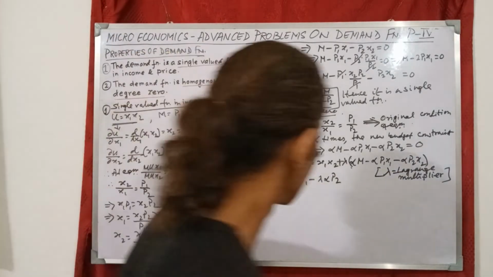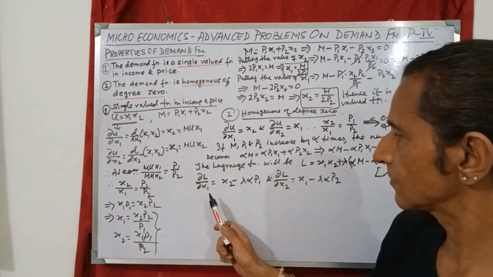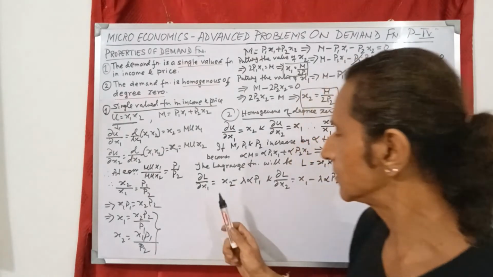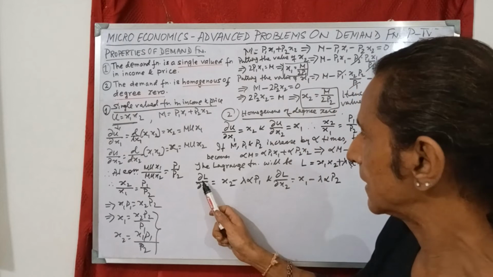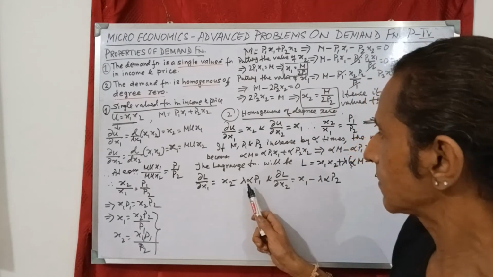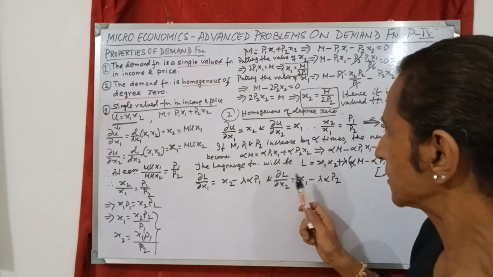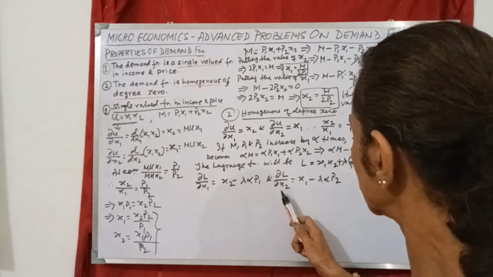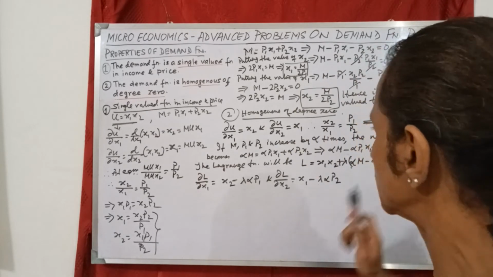Right? So here we have taken the partial derivative of L with respect to x1, and we have got del L by del x1 equals x2 minus lambda alpha p1, and here we have taken the partial derivative of L with respect to x2, and we have got del L by del x2 equals x1 minus lambda alpha p2.